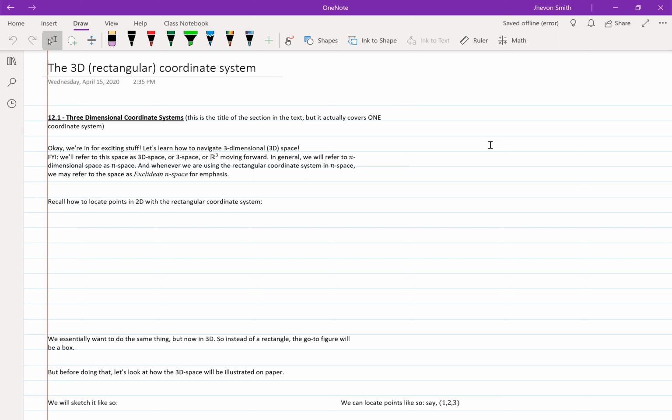You have to make some tweaks and changes here and there. So I wanted to start priming you for what some of these tweaks and changes would be. That starts with me introducing the 3D world: what it would look like, how it would behave, how you would represent it on a piece of paper, and how you would sketch things or locate positions in this system. So we're going to do that.